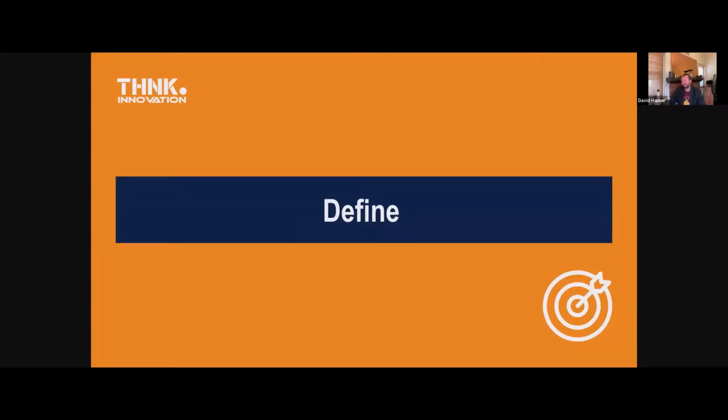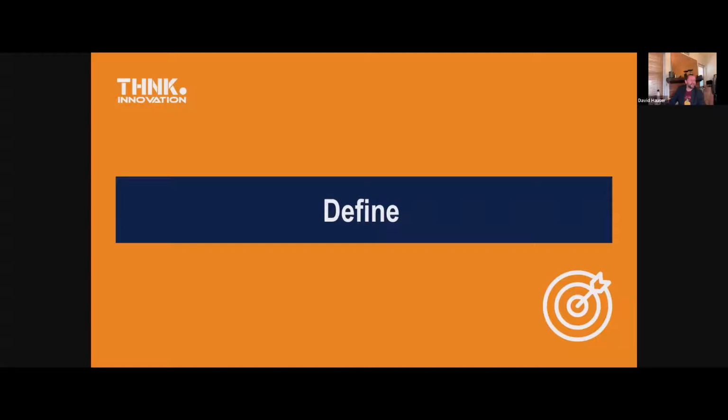So after we got all this information, all those different problems and challenges that we learned about by empathizing with people, we're entering into the define stage. So what is the define stage?